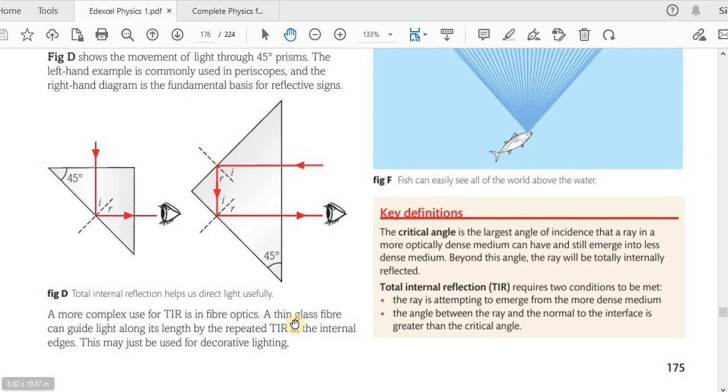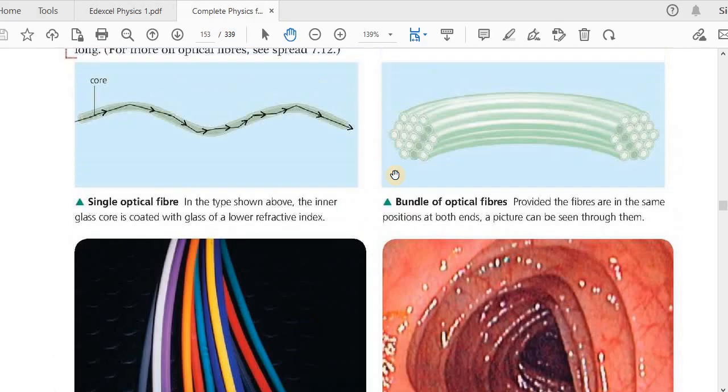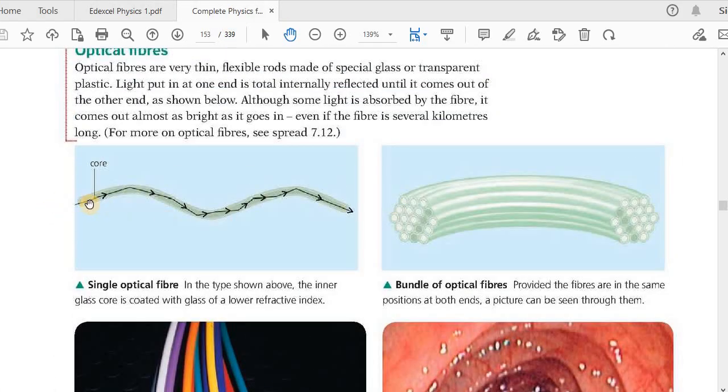A thin glass fiber can guide light along its length by repeated TIR at the internal edges, and this picture shows that very clearly. So you have here a denser material inside. There is no air inside. Denser material inside, and outside you have a rarer material, I mean a material with less optical density, optically less dense material. Inside is an optically denser material.